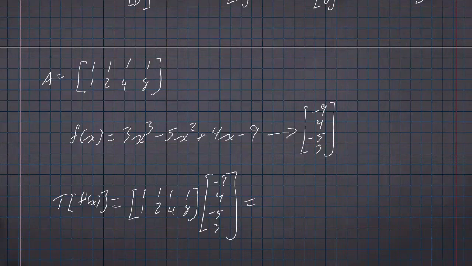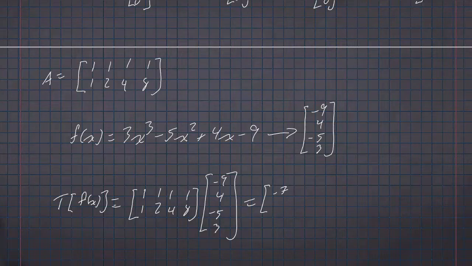If you multiply first row times column, it's -9 and 4, which is -5, and -5, which is -10, and 3, which is -7. For the second row, we've got -9 and 8, which is -1, and 20, which is -19. I'm sorry, we had -1, then we got -20, which is -21.